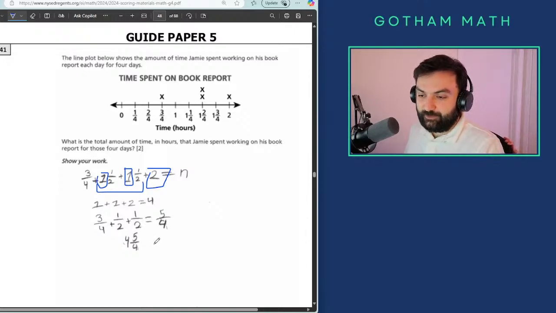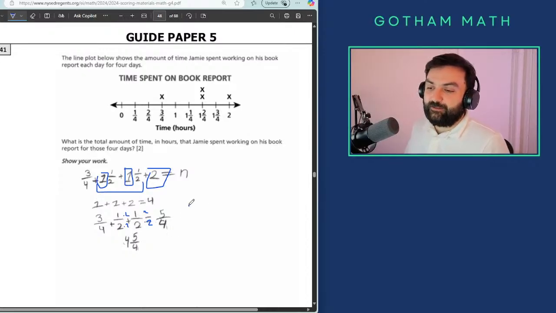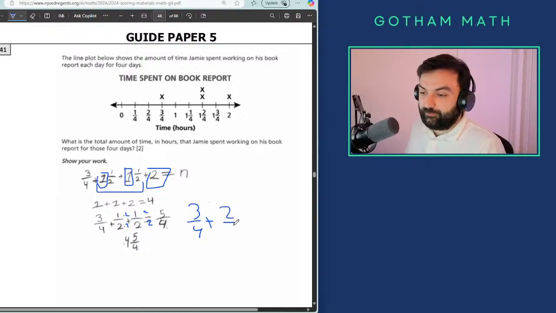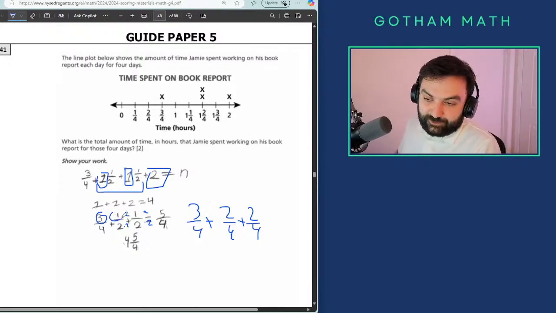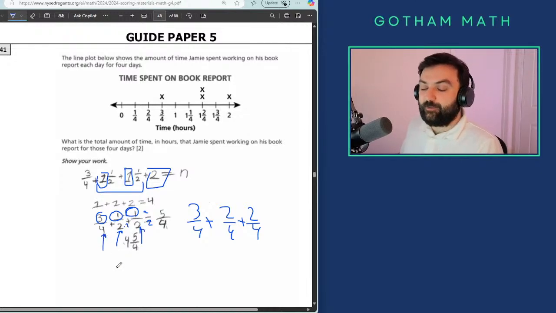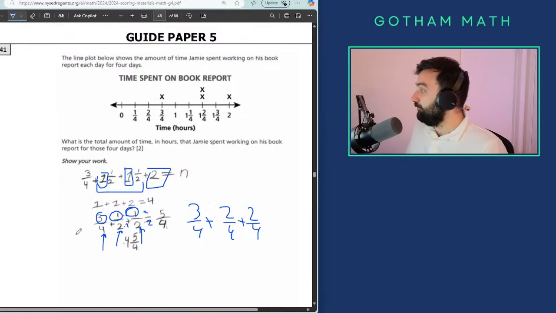Look, 3/4 plus this is 2/4, 2/4 plus 2/4. So this person added 3 plus 1 plus 1, but having denominators not equal. That's why it's wrong.